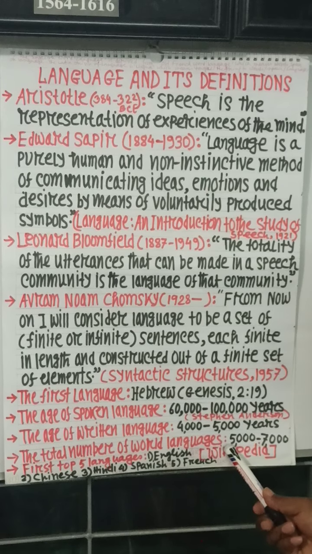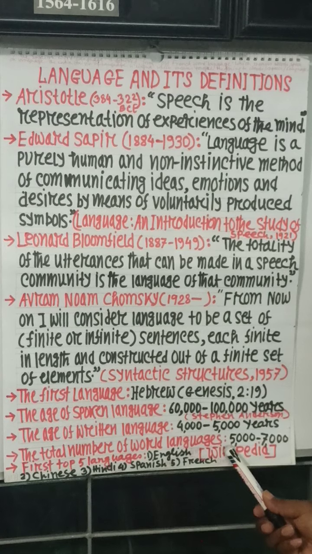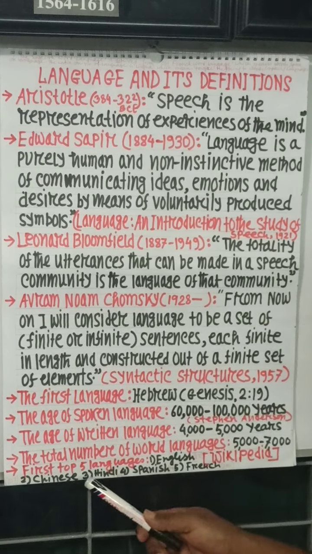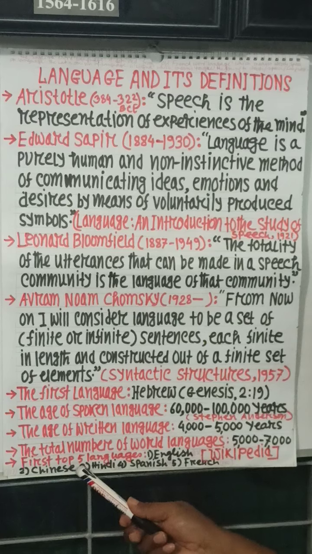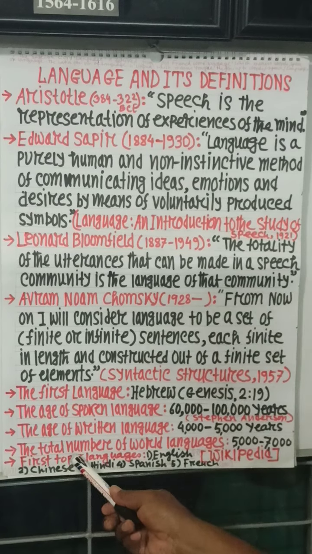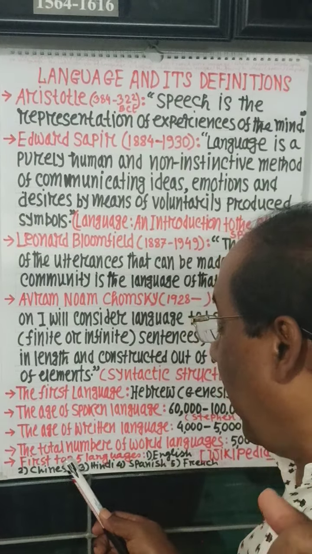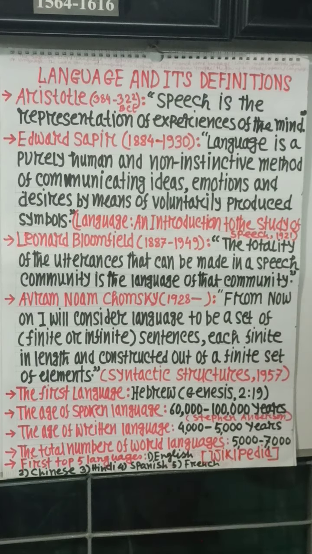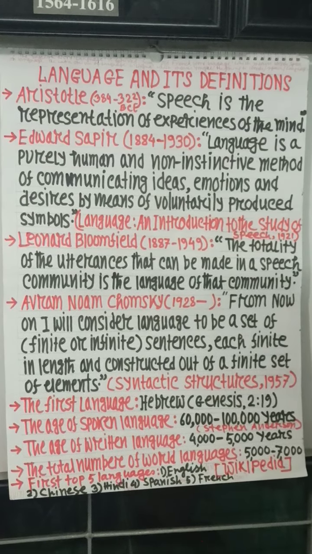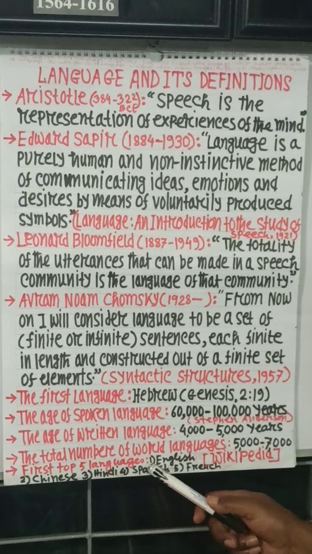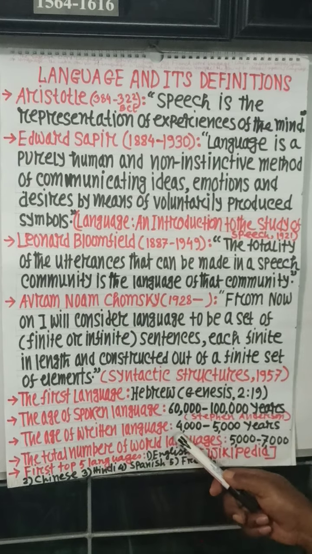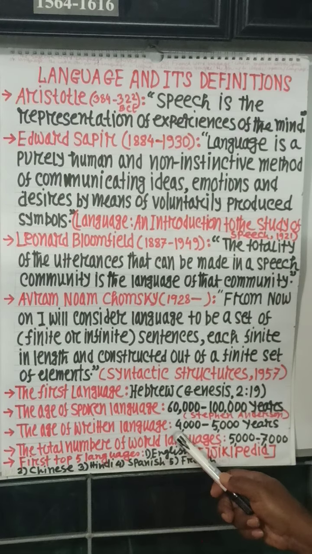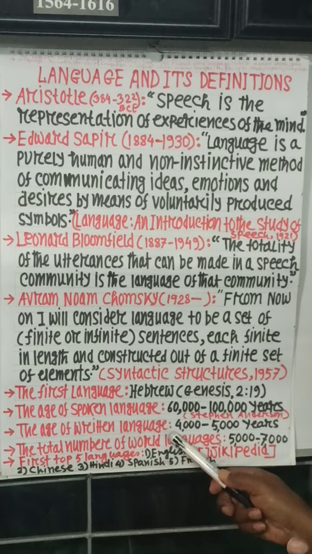And the second most important and widely spoken language is Chinese. Almost 1.117 billion speakers speak Chinese. And in the third position there is Hindi, and almost 615 million speakers speak Hindi.